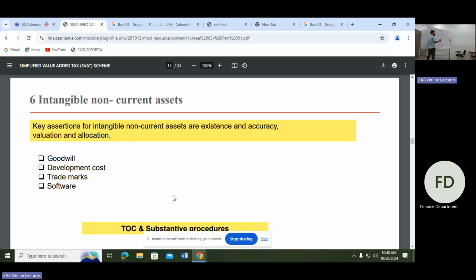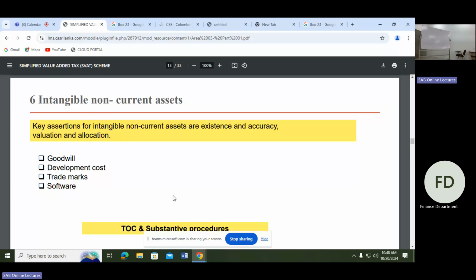We are not going to depreciate; we call that amortization. Good, amortize. Yes. We can't recognize internally generated intangible assets. Internally generated intangible assets can't be recognized as an asset in the organization.